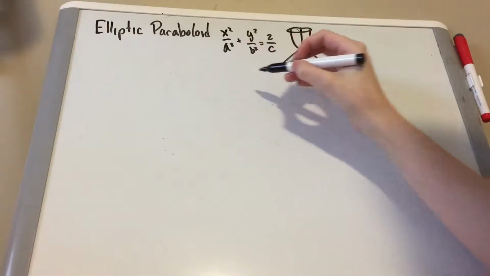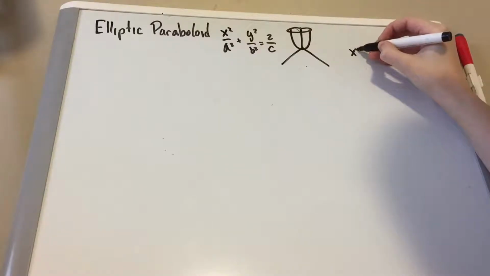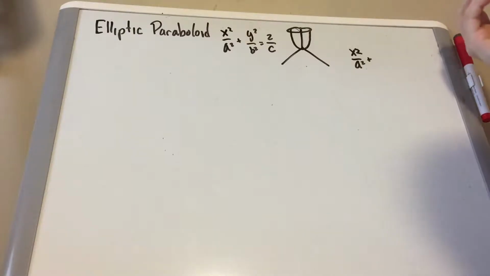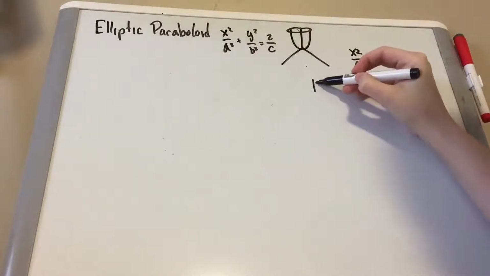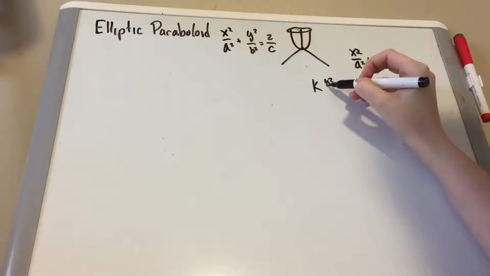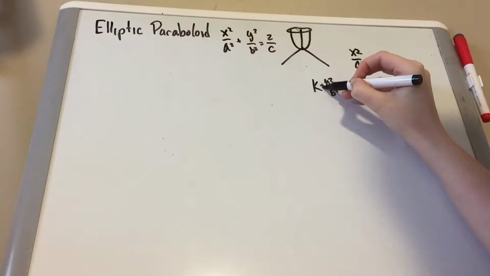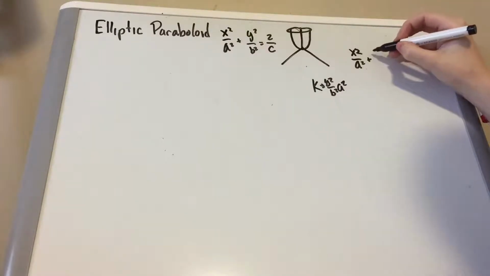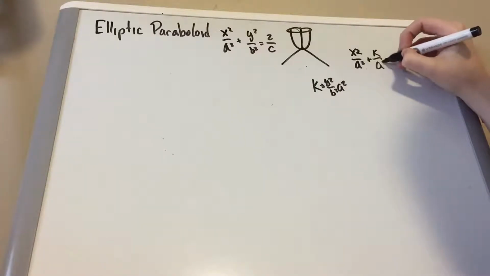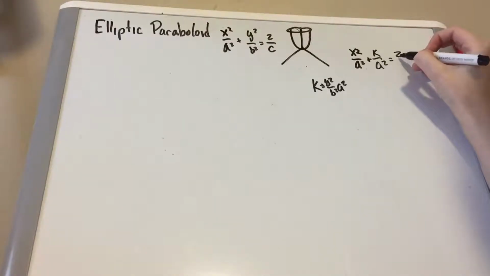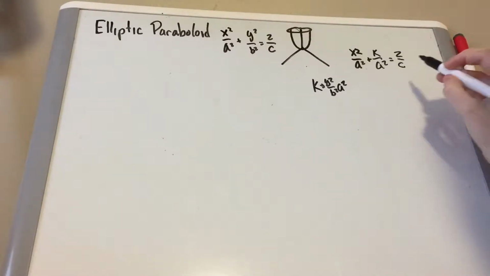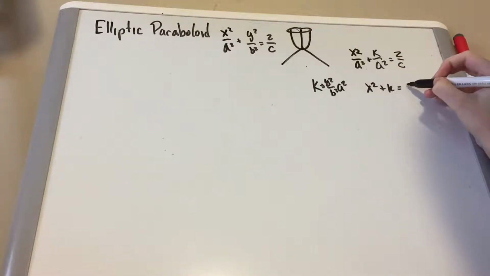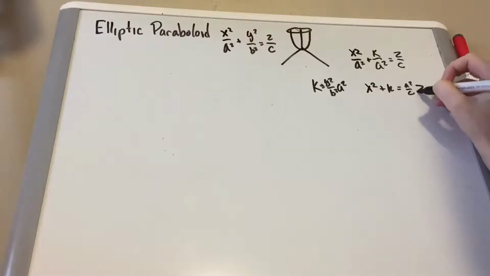gives us an equation something like this: x squared over a squared plus, let's define the constant k as y squared over b squared times a squared, so that we can say x squared over a squared plus k over a squared equals z over c. Now we can move a squared and we get x squared plus k equals a squared over c times z.